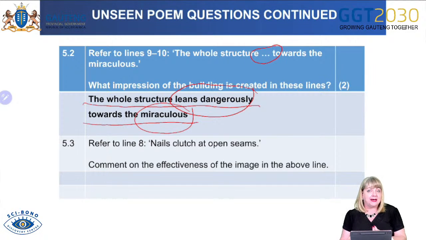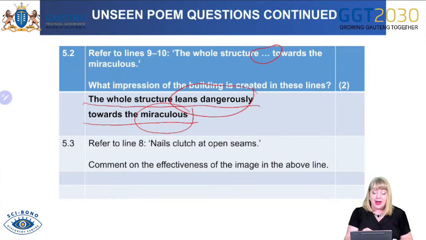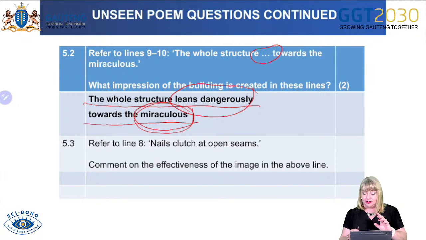So my impression might be it hasn't been built well, there hasn't been proper planning, proper guidelines and checking of the building while it's being created, and yet it's still standing, which is the miraculous part. So for those 2 marks, you'd have to talk about both. The fact that there's still a miracle at play here, somehow, that the building doesn't fall down. So there is still something special about this building.